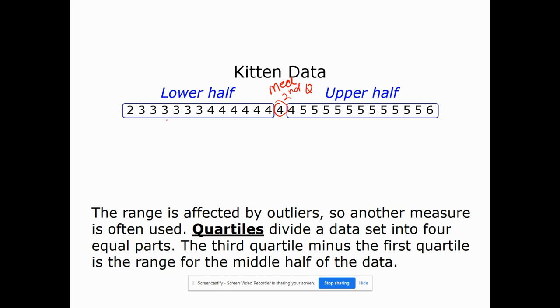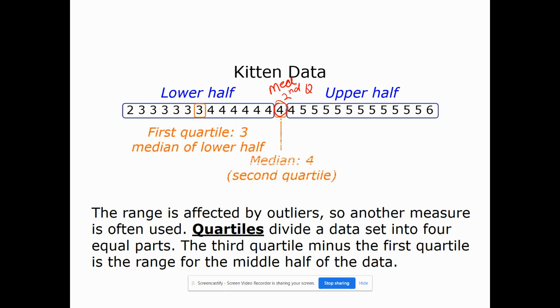Now I look at my lower half. I need to find the median of my lower half. In this case, it's 3. So 3 is my first quartile. Look, there are 1, 2, 3, 4, 5, 6 pieces of data to the left of my first quartile, and 1, 2, 3, 4, 5, 6 pieces of data to the right of my first quartile, which stops at my median.